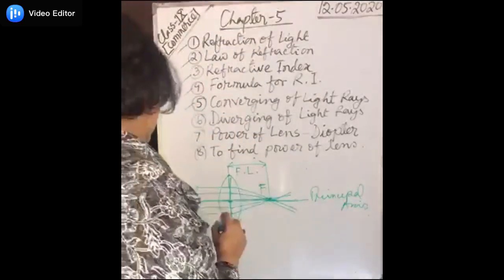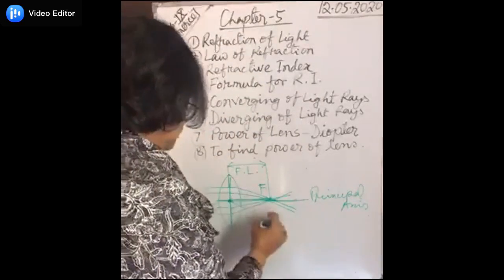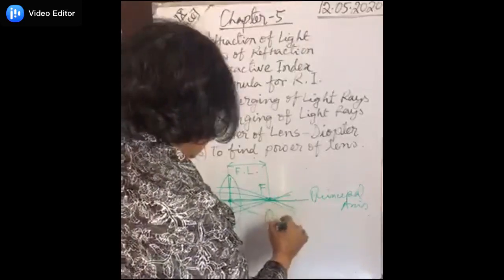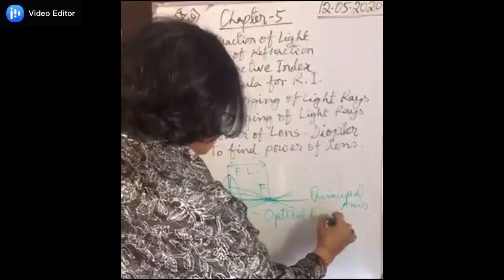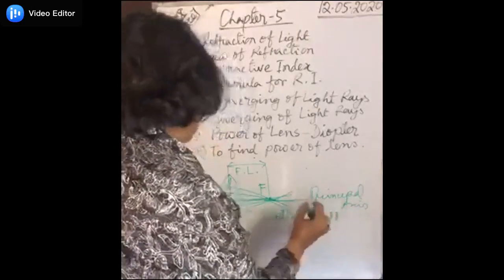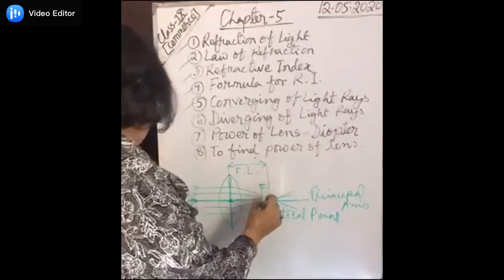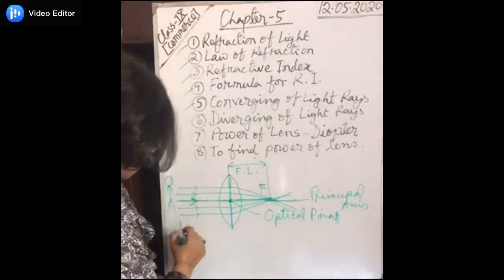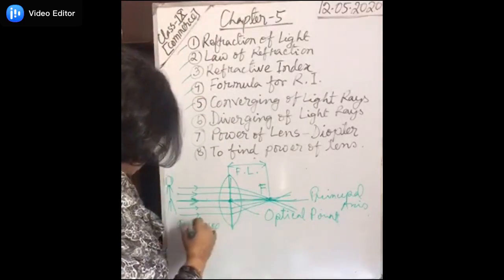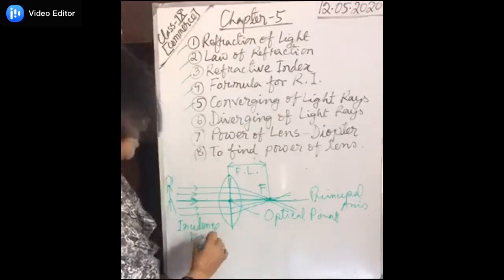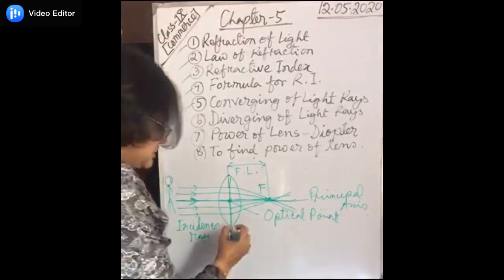This is the focal length and this is the optical center. Focal point, focal length, and these are the incident rays. And this lens is a convex lens.